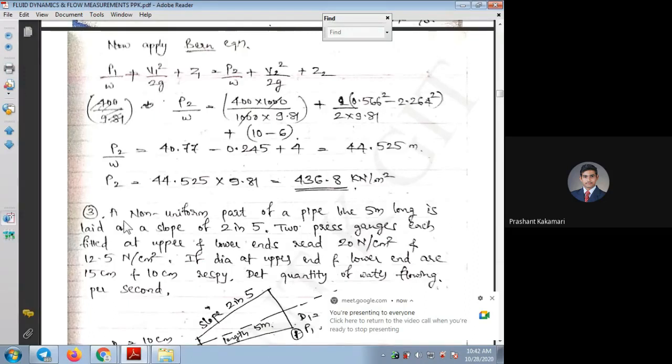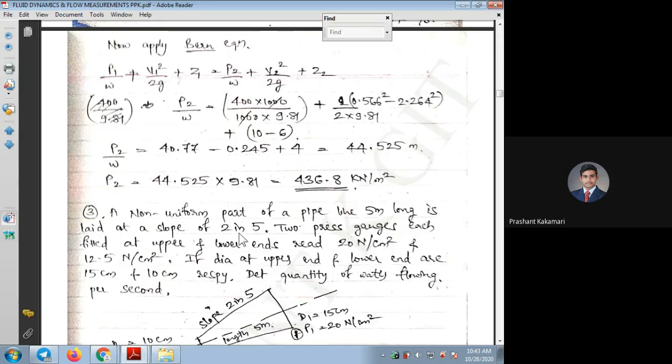Okay, the next problem in this Bernoulli's equation is a non-uniform part of the pipe. Again, assume it may be tapering or changing the cross section. The pipeline is 5 meters long. It is not the diameter or the datum head, the pipe is 5 meters long. It is laid at a slope of 2 in 5.